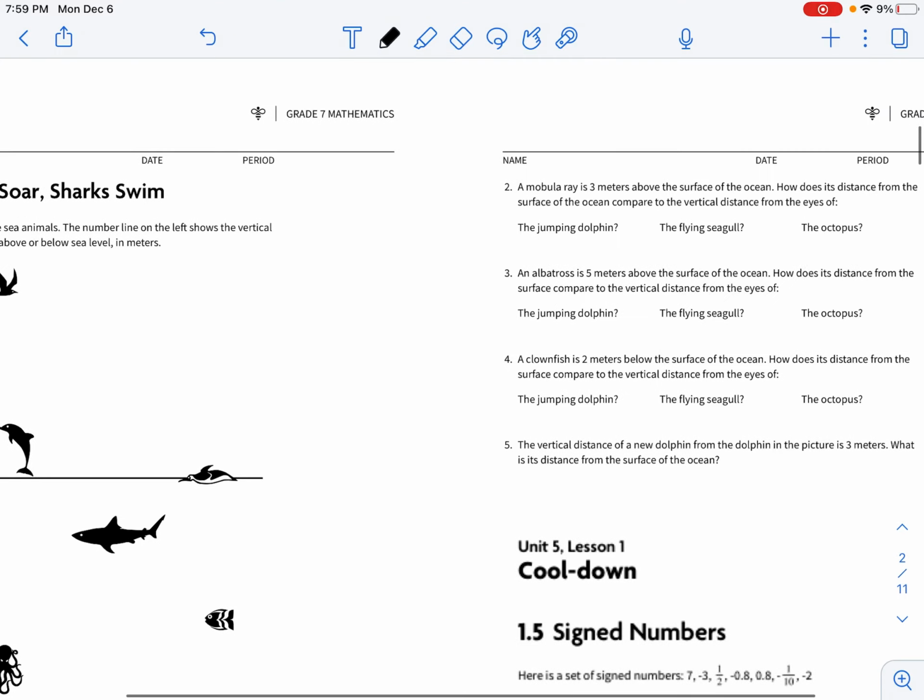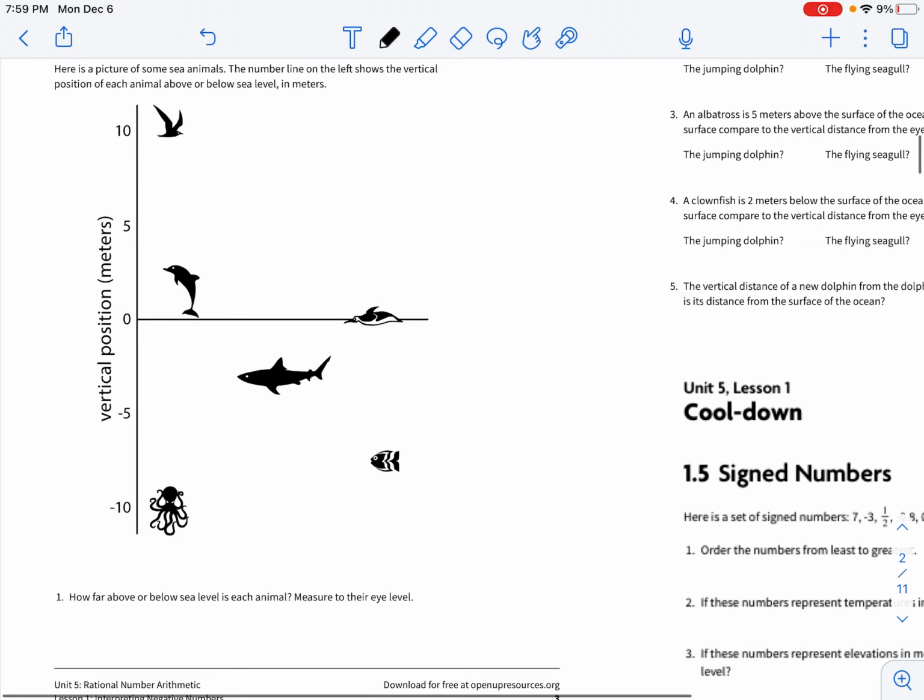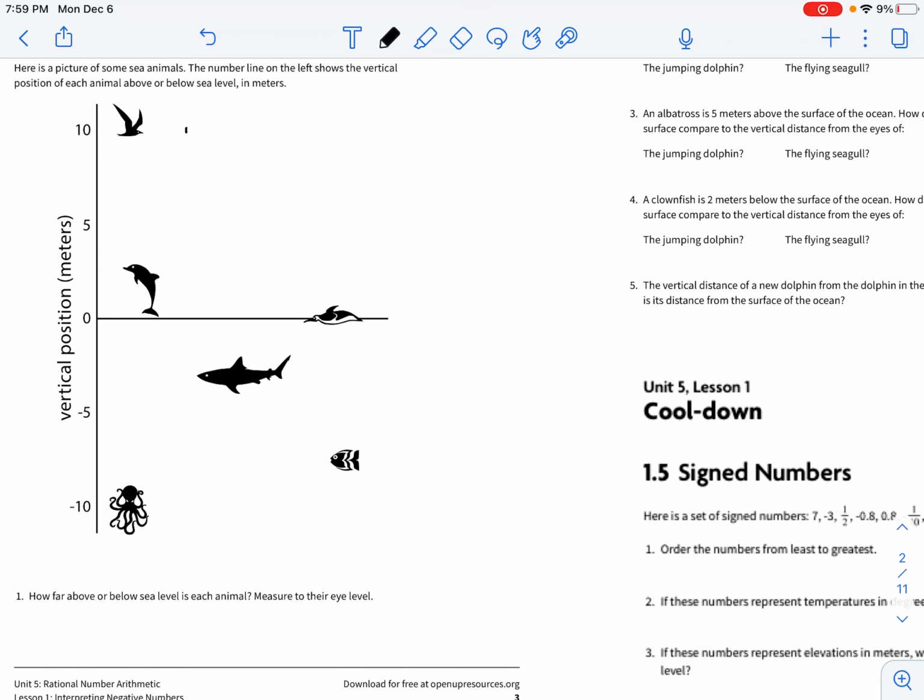Okay, so I will just write this by them. So this bird is at 10 meters above. The dolphin would be right at about 2.5 meters. The penguin is at 0 meters.